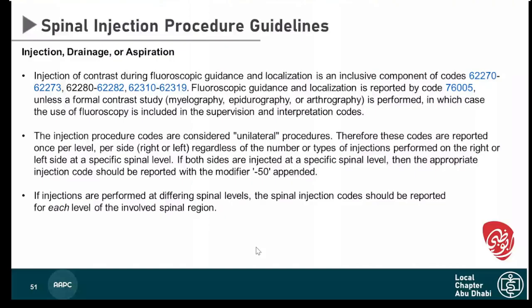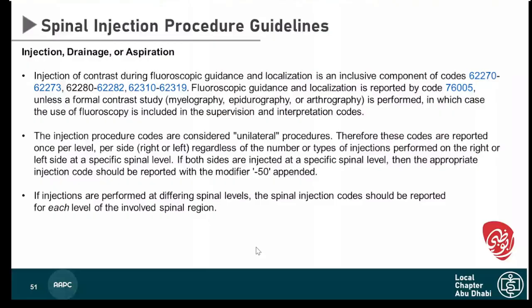So we have some guidelines for spinal injection procedures. Injection of contrast during these procedures may be performed with ultrasonic guidance or fluoroscopic guidance, or the physician may perform injection procedures without imaging guidance.